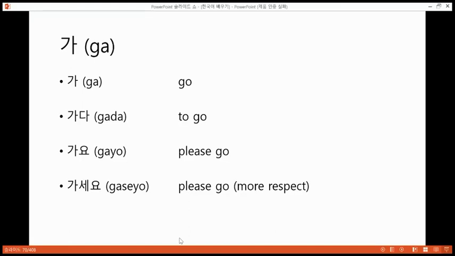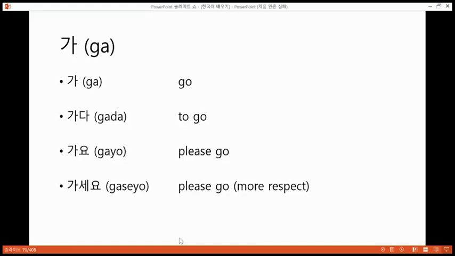Are you going to school in a respectful way? 네, 저는 학교에 가요. Yes, I am going to school. So we can see here, if you put the ending up after 가요, that becomes asking a question. If you put the ending down, that means answering.